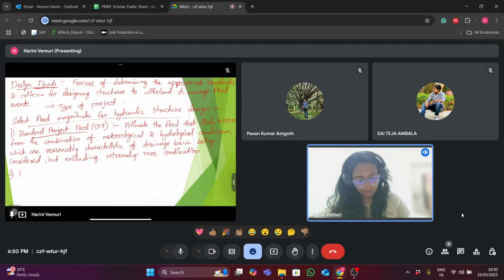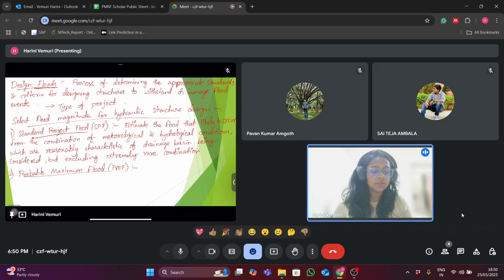Okay, but there is one more, probable maximum flood. It is called PMF. It also has a similar definition, like we will estimate the flood that is likely to occur from the combination of different meteorological and hydrological conditions.